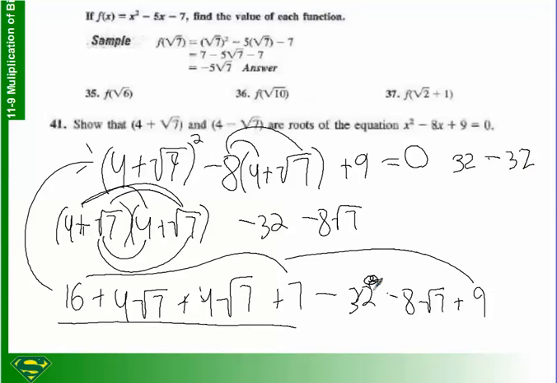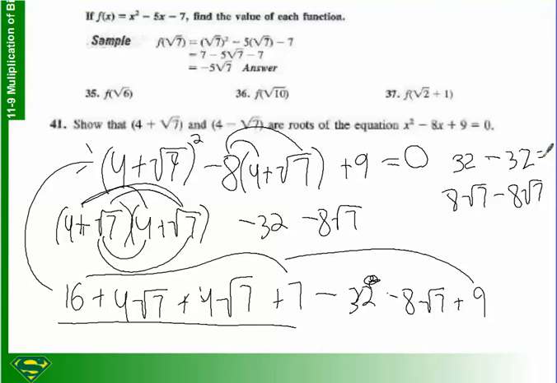That's our 32 from down here. And then we have similar terms over here, which is 4 root 7 plus 4 root 7, which is 8 root 7. So we're going to have 8 root 7, and then we're also going to have 8, and then we have 8 root 7 over here, but it's negative 8 root 7.